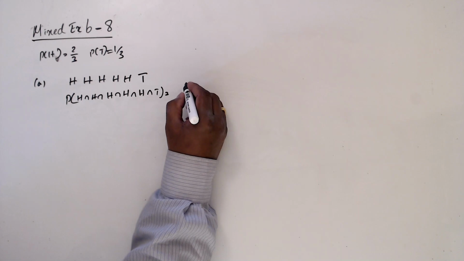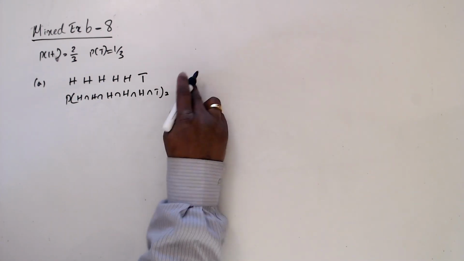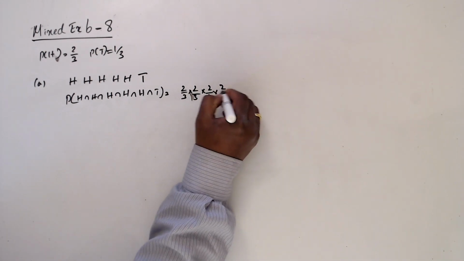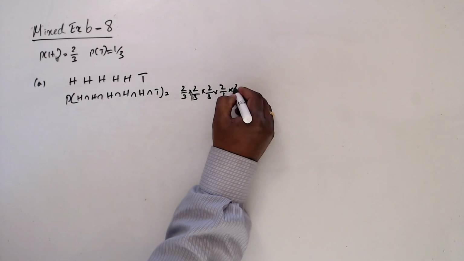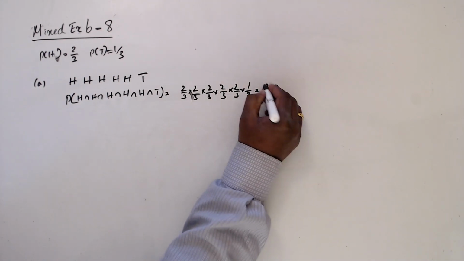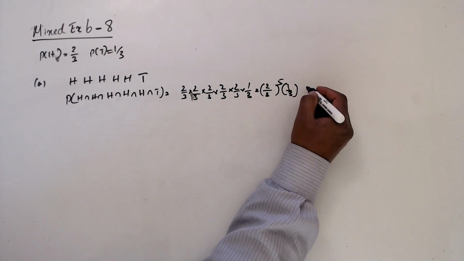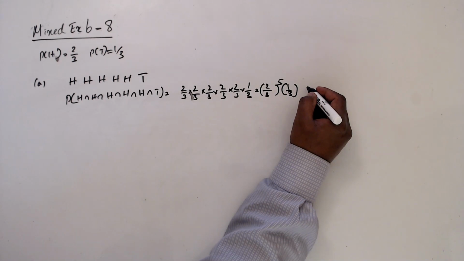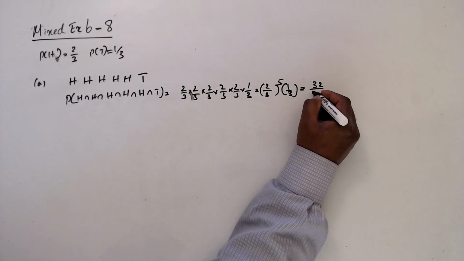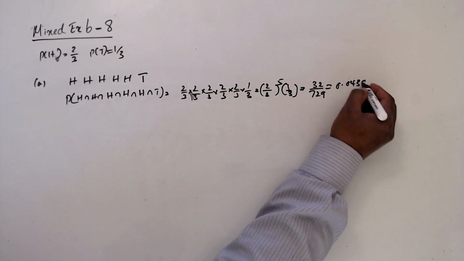This is going to be 2 over 3 times 2 over 3 times 2 over 3 times 2 over 3 times 2 over 3 times 1 over 3, that is (2/3)^5 times 1/3. So this value is going to be 32 over 729, which is 0.0439.